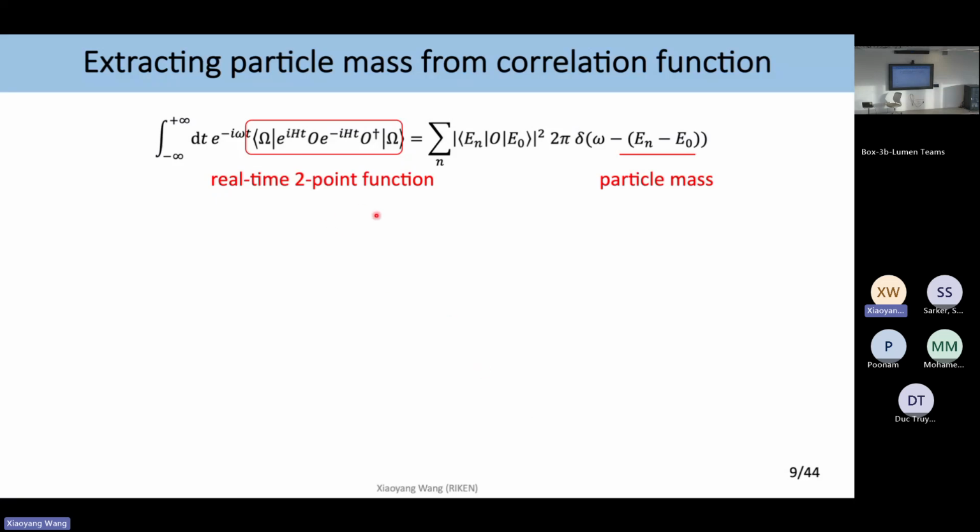On quantum computers, one of the methods to extract the particle mass is to measure the two-time correlation function, which is shown over here. This is a function of time t.